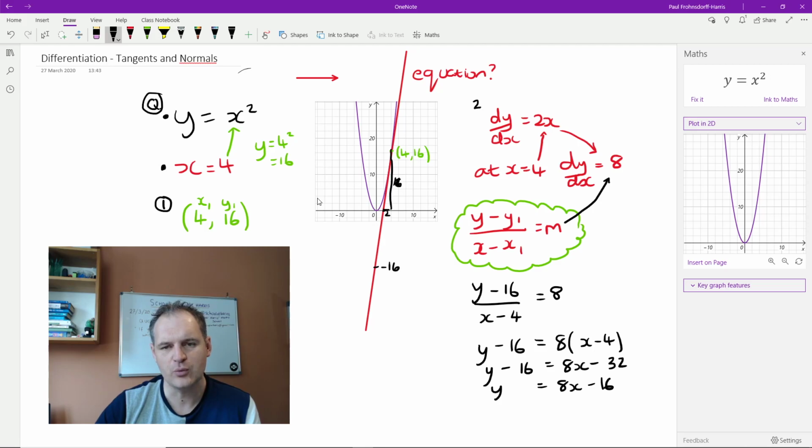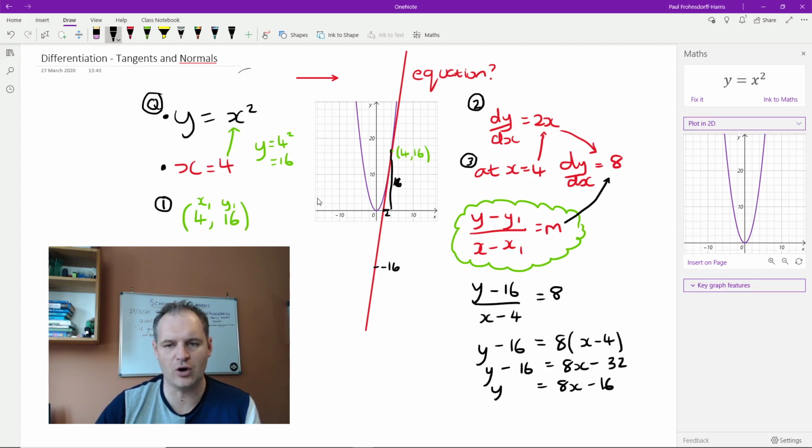Step 2 was to find the gradient of the equation by differentiation. Step 3 is to plug in the x value at that point into the gradient. That will then give us a value for the gradient, which in this case is dy/dx equal to 8.